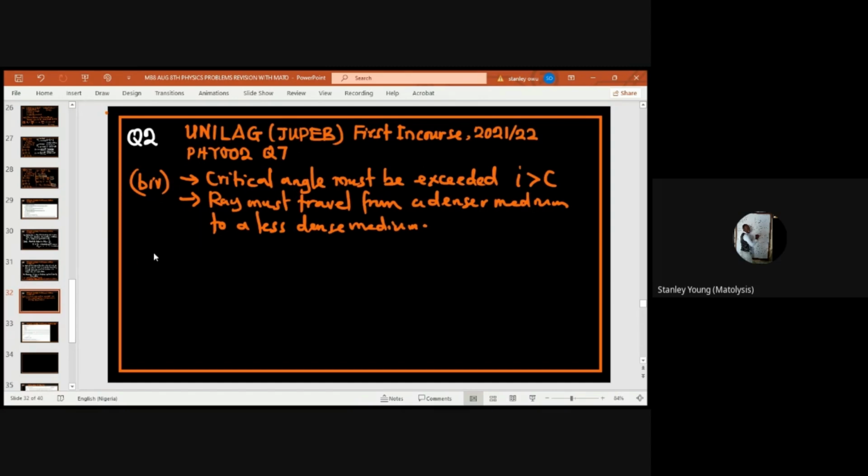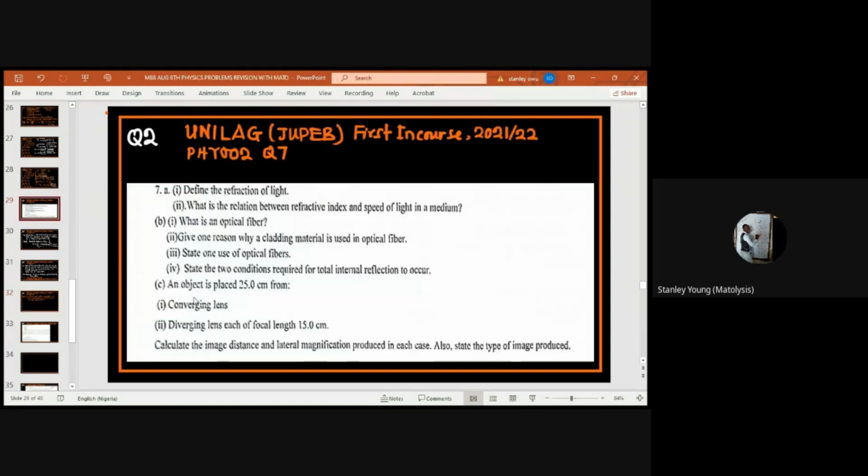Okay. Then C part of the question says an object is placed 25 centimeters from a converging lens for case 1, and 2, a diverging lens, each of focal length 15 centimeters.